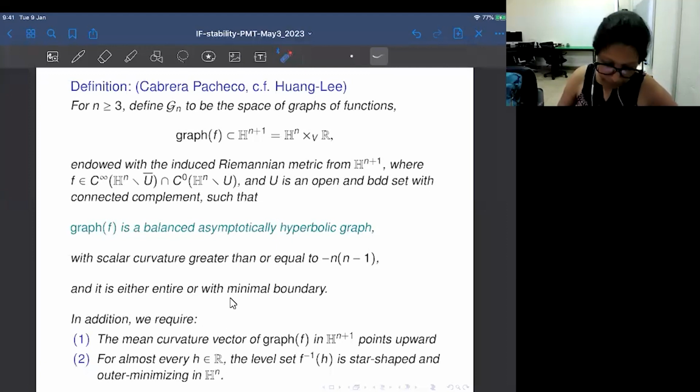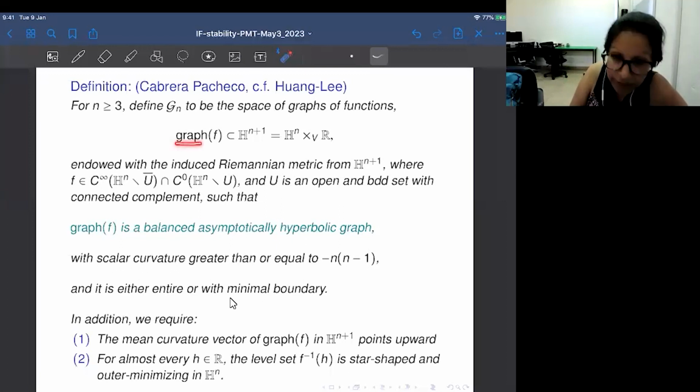Let's see what this class is. As I told you, these are going to be graphical manifolds. They are going to be contained in the hyperbolic space, and here I'm writing the hyperbolic space in this way.